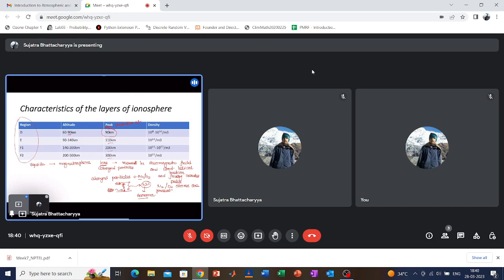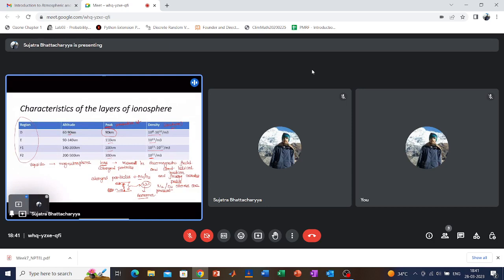The corresponding density also you should remember. For D it is less, per meter cube it is about 10 to the power 8 to 10 to the power 10 electrons per meter cube, then 10 to the power 11, then 10 to the power 11 to 10 to the power 12, and it is somewhat greater than 10 to the power 12, but we say it is about 10 to the power 12 per meter cube. So this is the density of electrons.